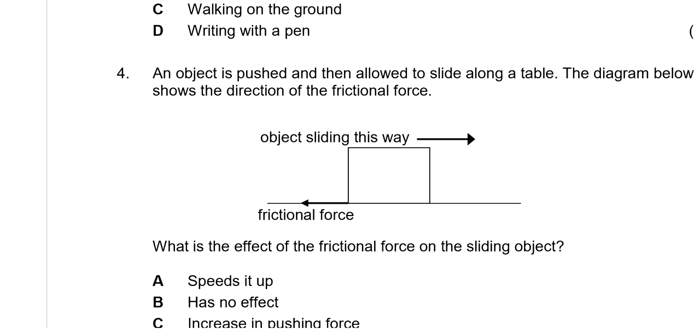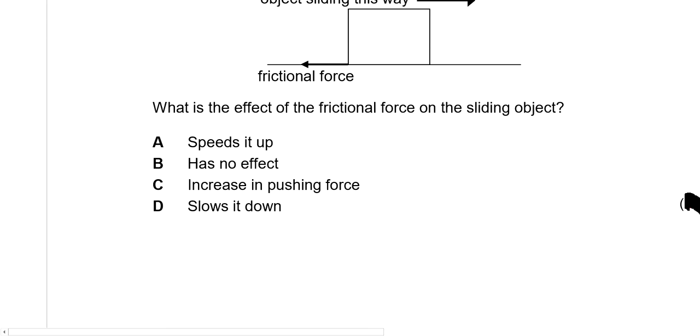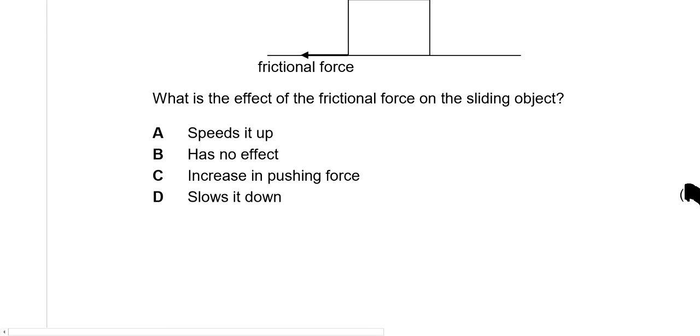Direction of frictional forces. What is the effect of frictional force over here? Slows it down. D. It is moving to the right, but there is friction, so it slows it down.